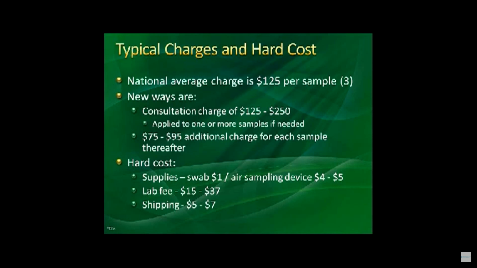But as you see, the fees are minimum compared to the $125. On average, 3 samples are always taken on a job site. So at those 3 samples, you have $375, and you have a hard cost of, let's say, $75 or $100, you're making a potential of $275 to $300.